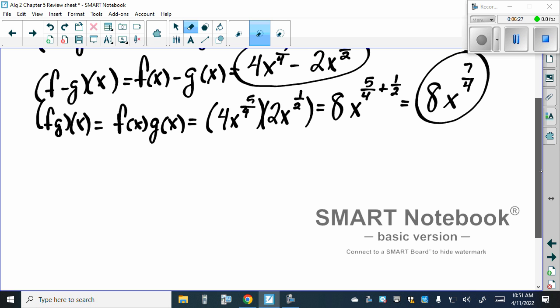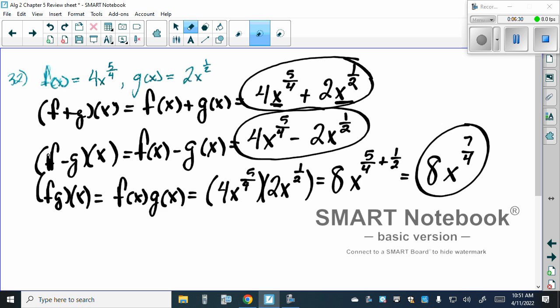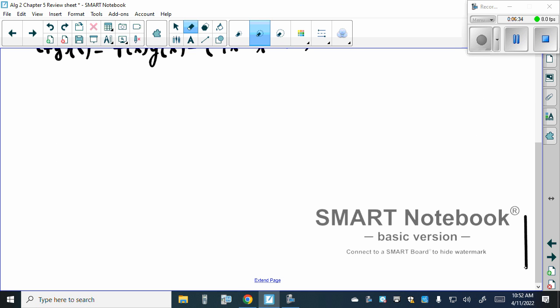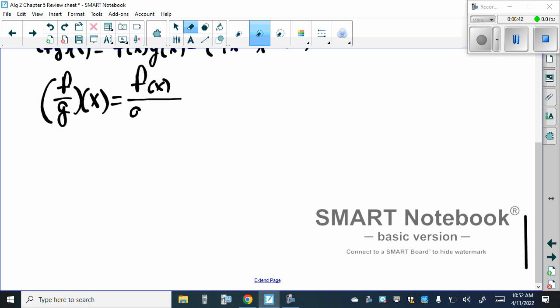That brings us to the last one, which is division, which would be our f divided by g of x, which is the same as f of x over g of x. Now our f of x function is 4x to the 5/4.